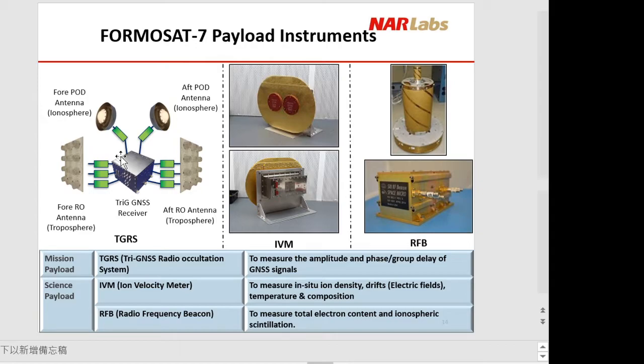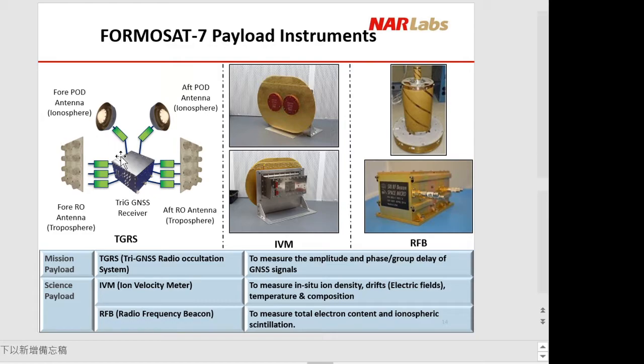This slide gives you some idea of our mission payload and science payload. The mission payload of Formosat-7 we call TGIS. It can measure the amplitude and the phase group delay of GNSS signals.